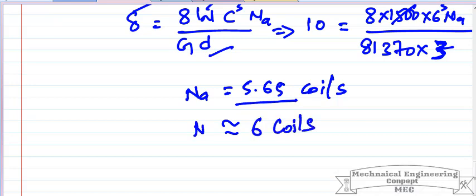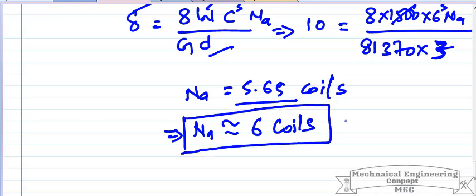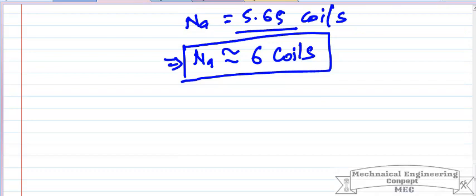Okay, this is the total active number of coils which participate in the deflection. Active coils are coils which, due to load application, will deflect. Passive coils are those which do not participate in the deflection due to application of load.